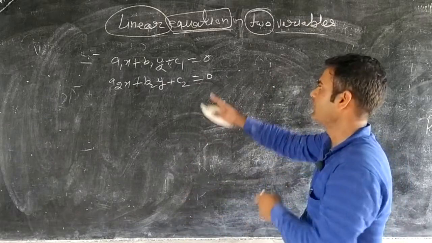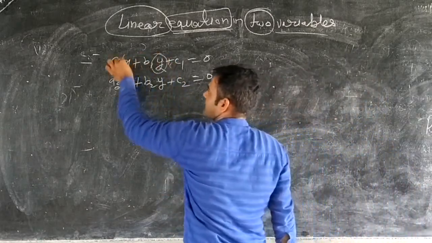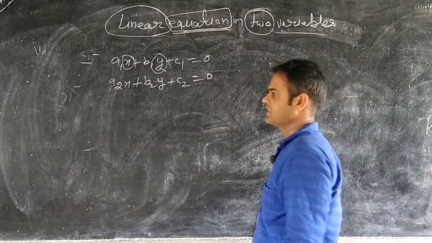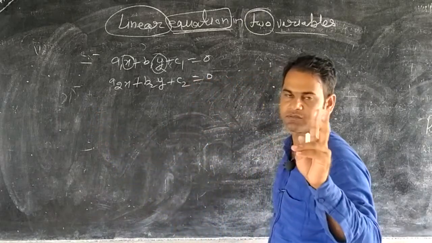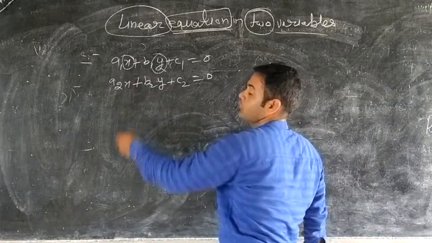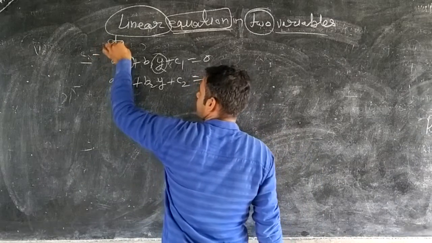You may think why we are taking two equations. Because here there are two variables, x and y. To find the solution for two variables, we require a minimum of two equations. Okay, so we are considering two equations. That is the standard form of the linear equation.